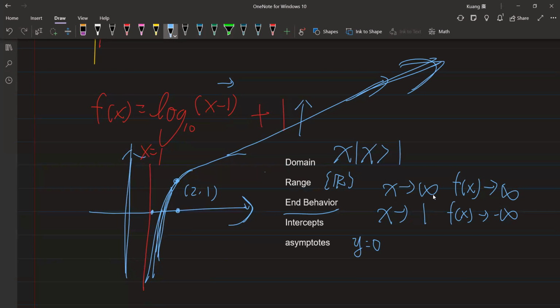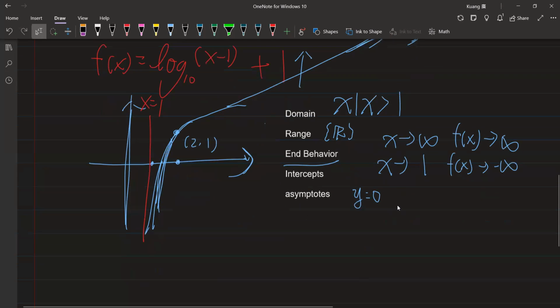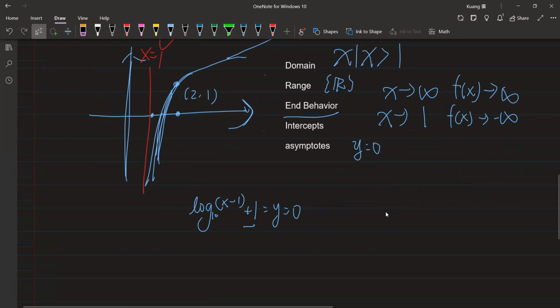So how can we solve that? y equals 0, so log base 10 of (x minus 1), and then plus 1 equals 0. I move positive 1 to the other side, so it becomes log base 10 of (x minus 1) equals negative 1.